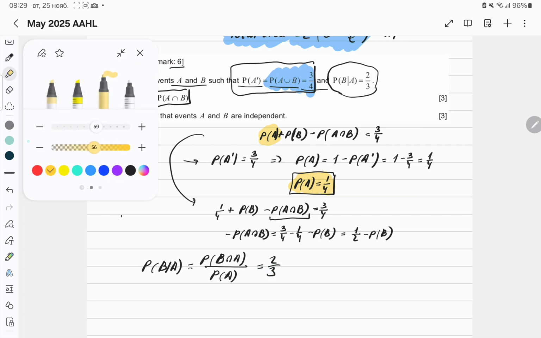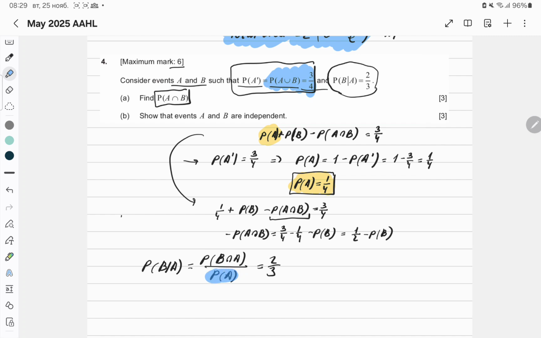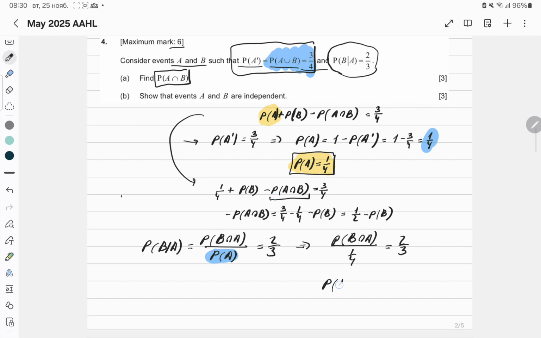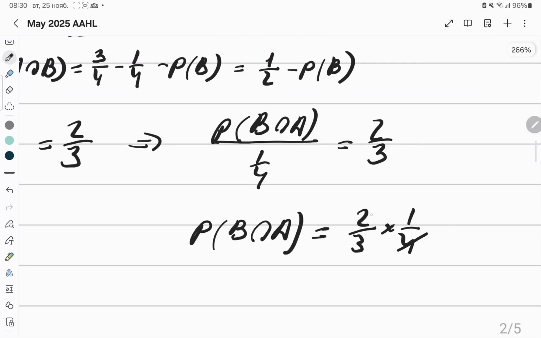What do you see here? P of A is equal to 1/4. Now we can find the intersection. So P of B intersection A is equal to 1/4 times 2/3, which after simplification gives 1/6.